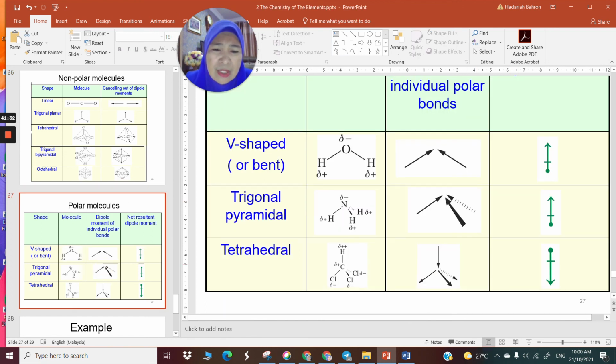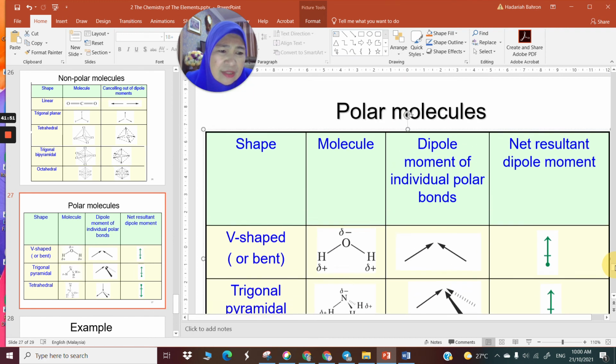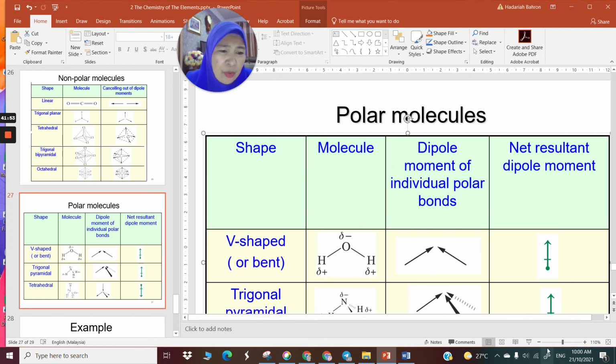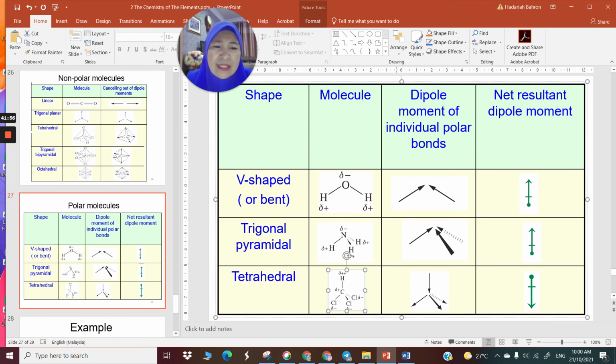But when we come to here, the dipole moments of the C-Cl bonds at the bottom are strong, but there is a weaker dipole moment between C and H. So you have no perfect cancellation of dipole moment like that. Here it is strong going that way, but it's weak going the other way, so you still have a resultant net dipole moment for chloroform.